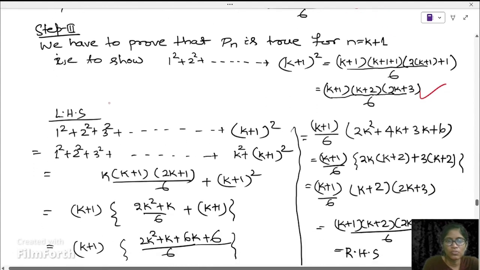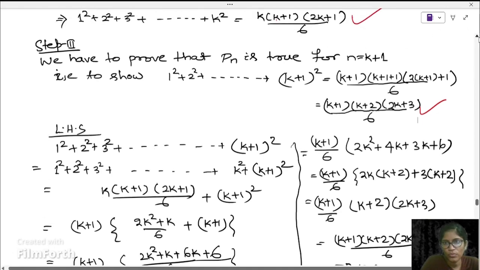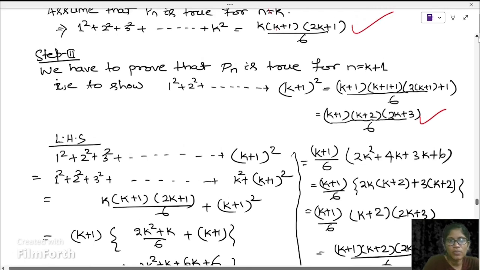1 square plus 2 square plus up to this. That means from equation 1, or from step 2, we got 1 square plus 2 square plus up to k square is equal to k into k plus 1 into 2k plus 1 by 6.